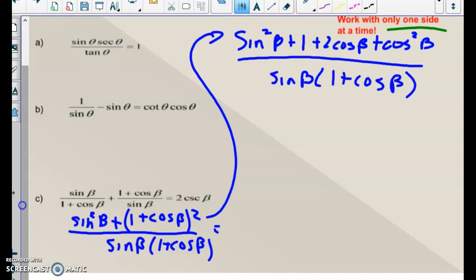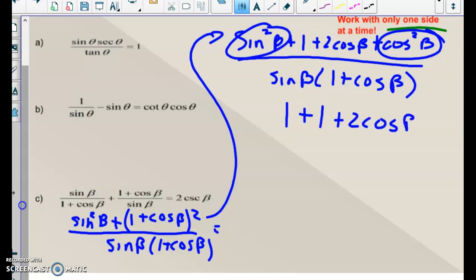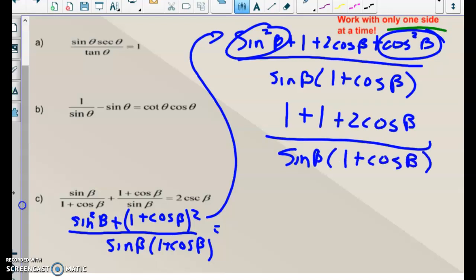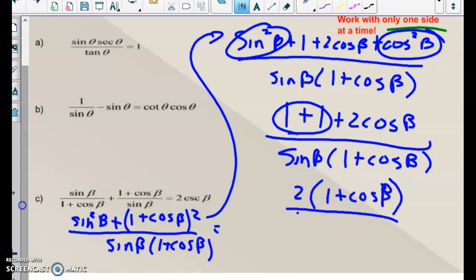Now we have the sine squared and the cosine squared, these two guys together, we know that makes 1, plus the 1 that's already up there, plus 2 cosine beta, all over sine beta times 1 plus cosine beta. And if I put these together and factor out that 2, I get 2 times 1 plus cosine beta, all over the sine beta times 1 plus cosine beta.